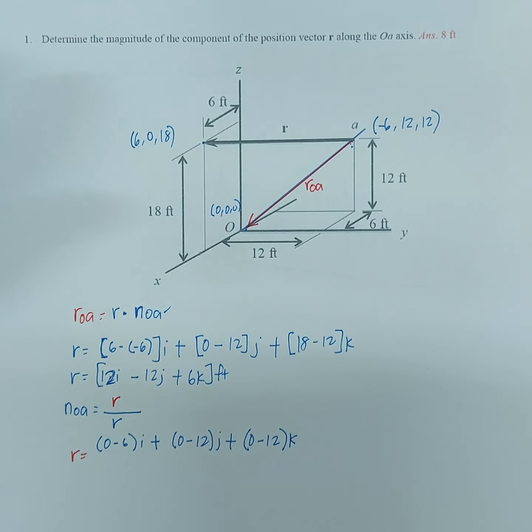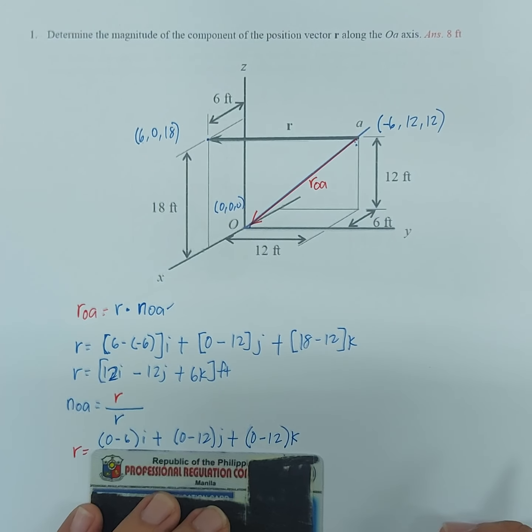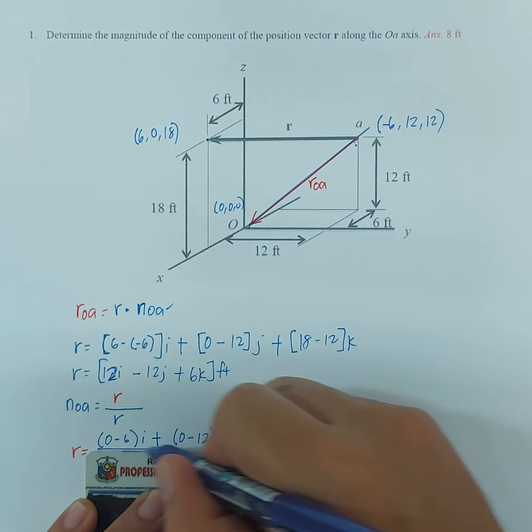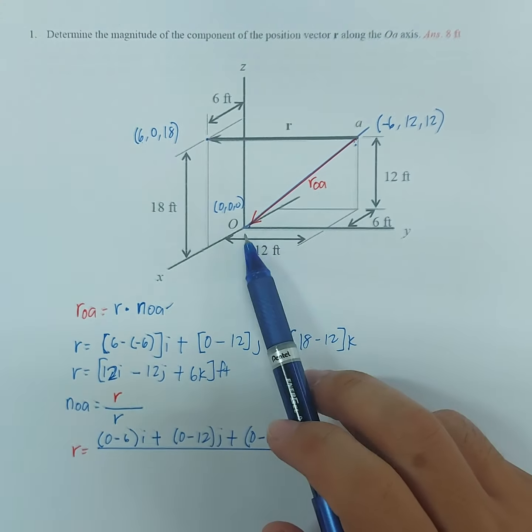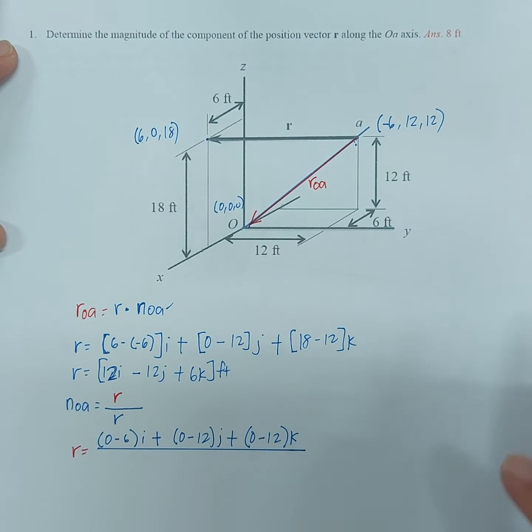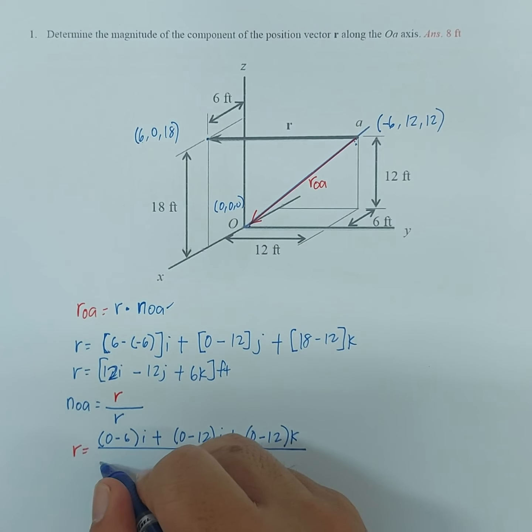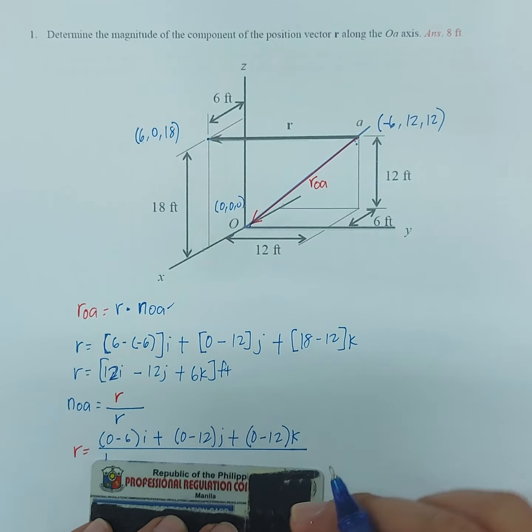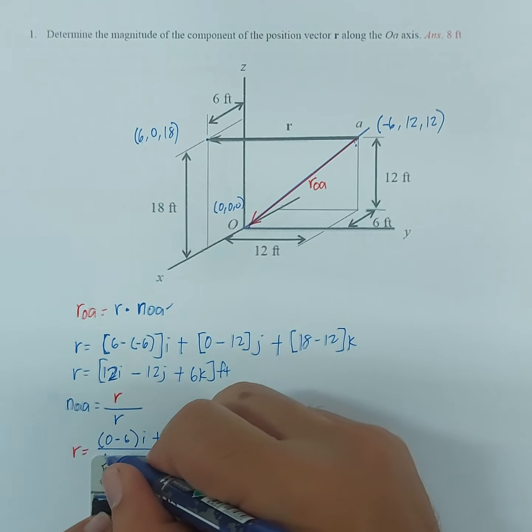Divided by the distance between the two points O and A. We use the square root of our distance formula.